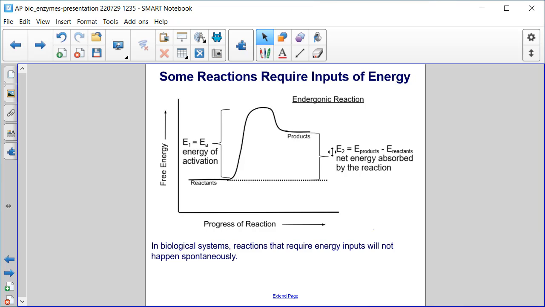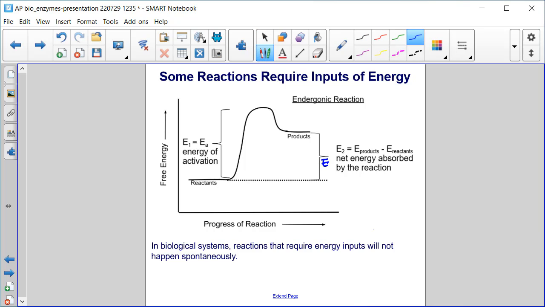And then what we're calling E2 here is this amount right here. This is E2. This amount is E1. E2 is the energy of the products minus the energy of the reactants, or in this case, the net energy absorbed by the reaction. In biological systems, reactions that require energy inputs will not happen spontaneously.